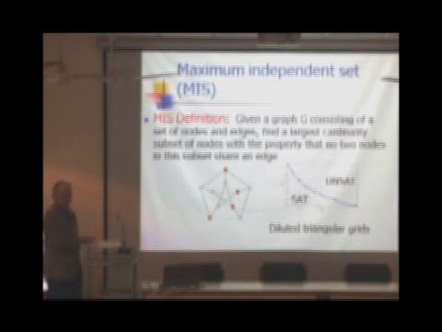We're always looking for maximum independent set, and the claim is that 4 is the cardinality of the maximum independent set for this graph. So the computational challenge is, given a graph, find the set of sites like these ones that do not share an edge. Now, finding a set of sites that do not share an edge is easy, right, as long as you don't make the cardinality too big.